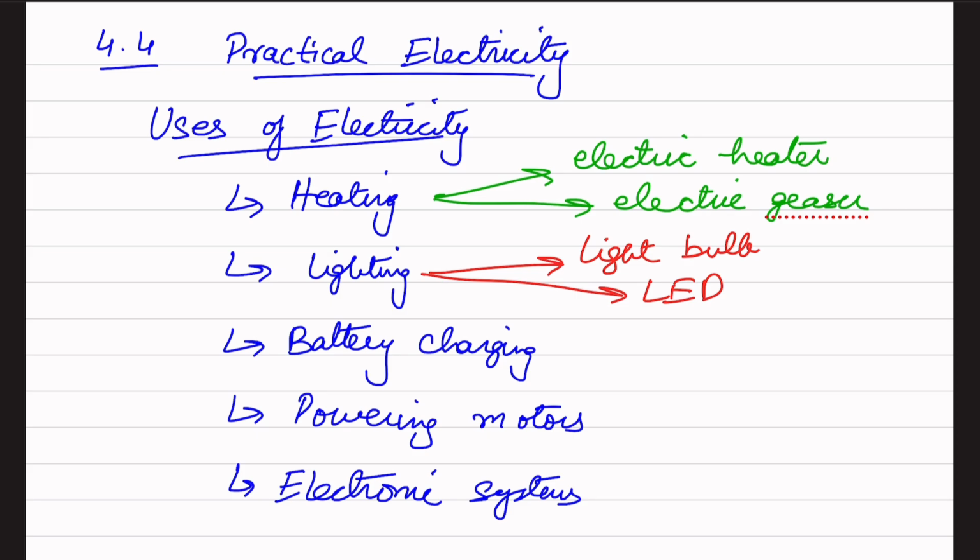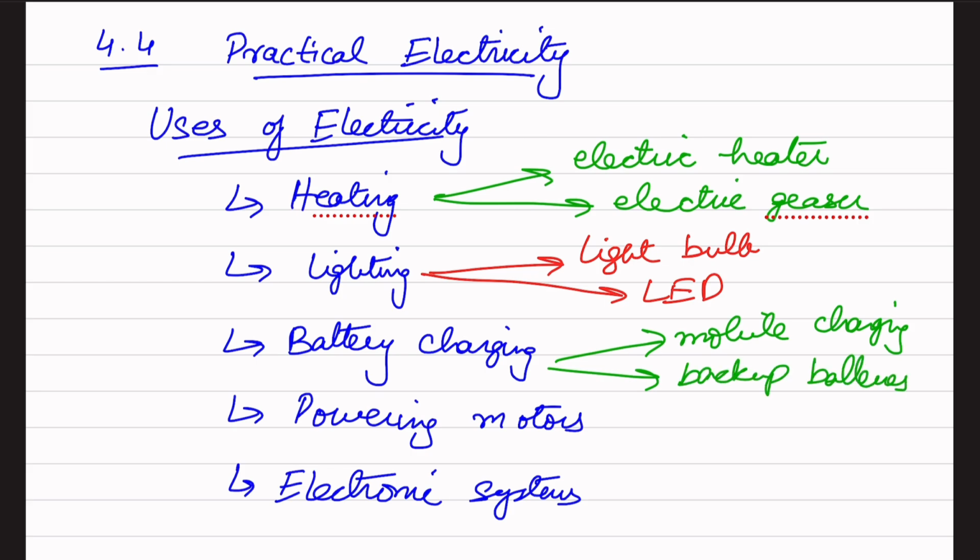For battery charging, it's quite obvious. In battery charging, electricity is used in charging our mobile phones, and it is also used in charging our backup batteries that we use in case of absence of light. Then powering motors.